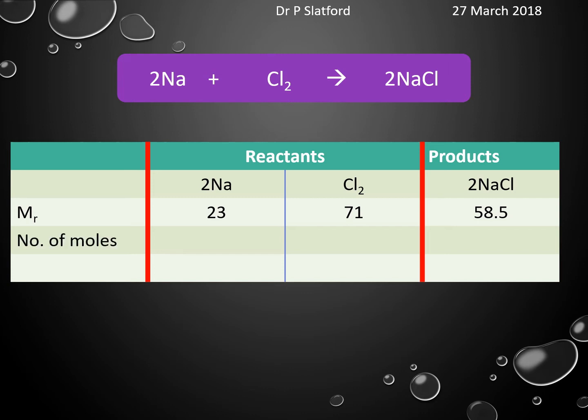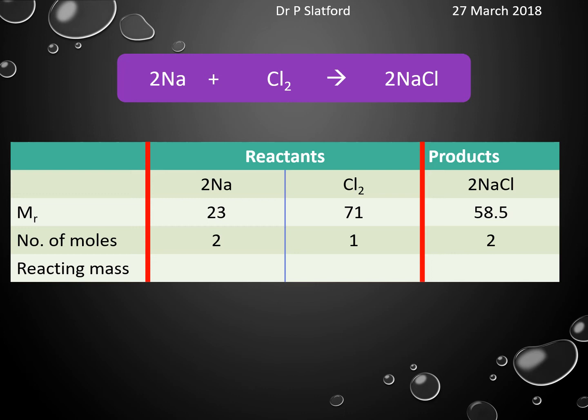I'm then going to look at the equation and ask, what are the molar ratios of each of these? So is there a number in front of each of these molecules? Yes, there is. Sodium, there is 2. Chlorine, there's a 1, and sodium chloride, there is a 2.